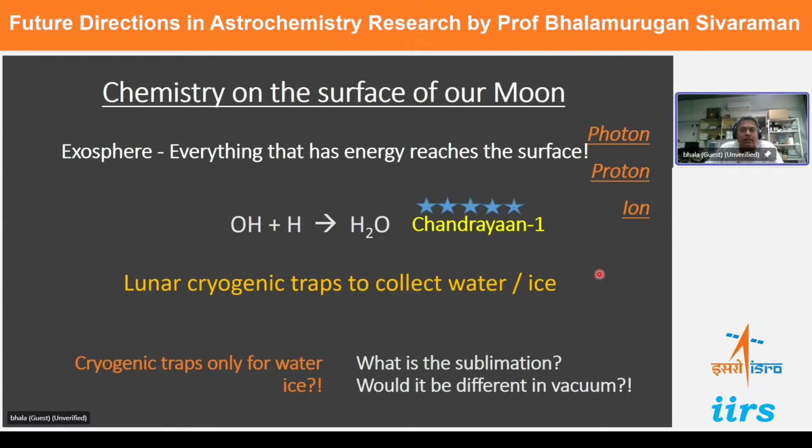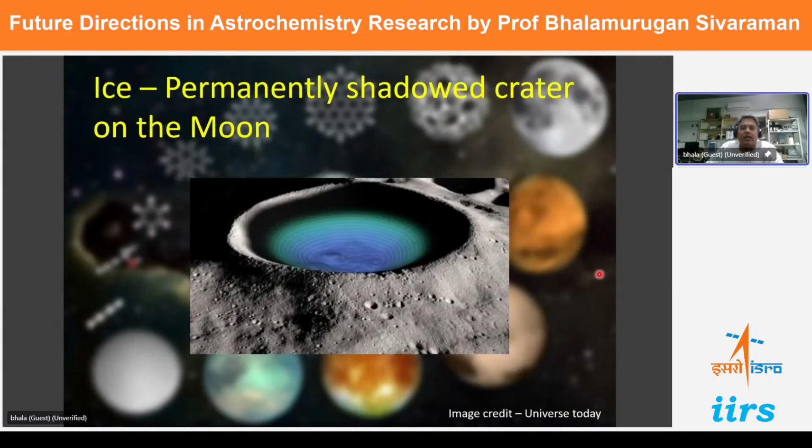So the energy is dumped as much as possible from a variety of sources, from the sun and from cosmic rays. When you move away from the inner solar system, you get a lot of particles from Jupiter's magnetosphere, and if you move to Saturn, particles from Saturn's magnetosphere will be influencing the chemistry.